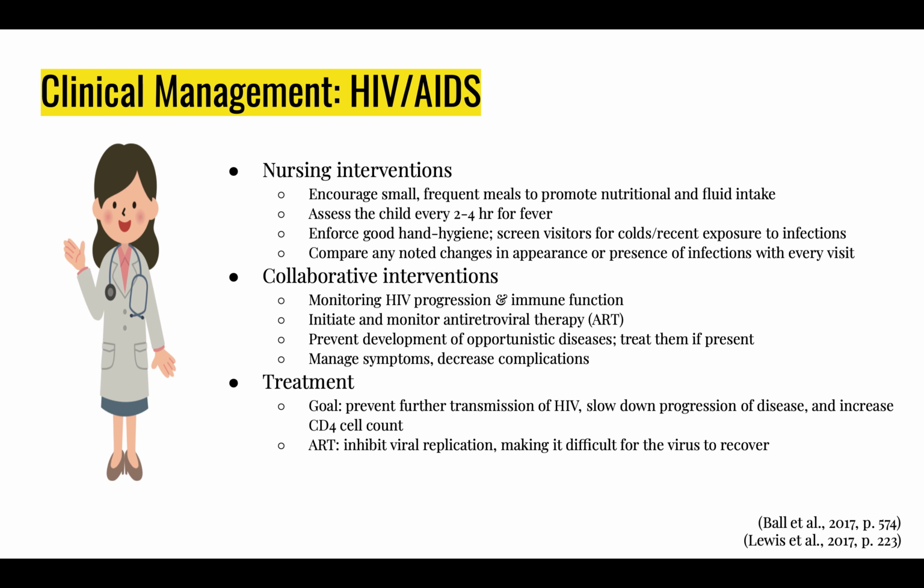For treatment, the goal is going to be to prevent further transmission of HIV, slow down progression of the disease, and increase CD4 cell count. So, antiretroviral therapy is used to inhibit viral replication, making it difficult for the virus to recover.